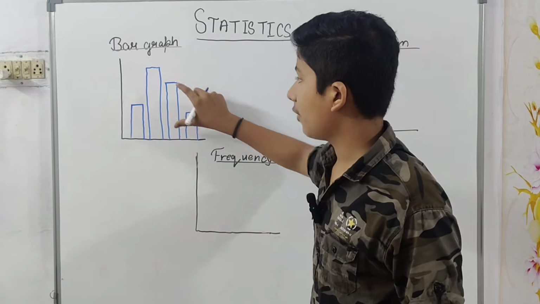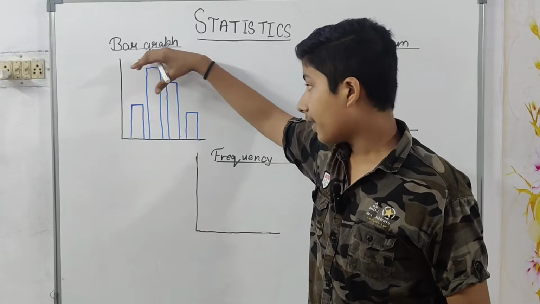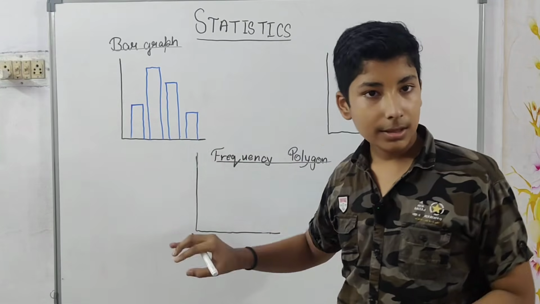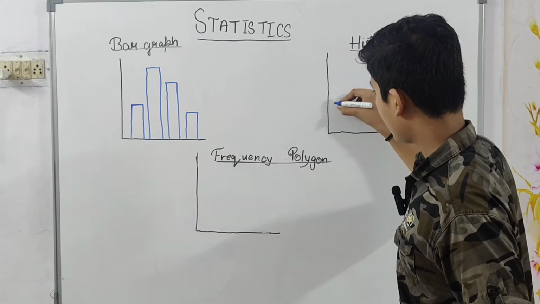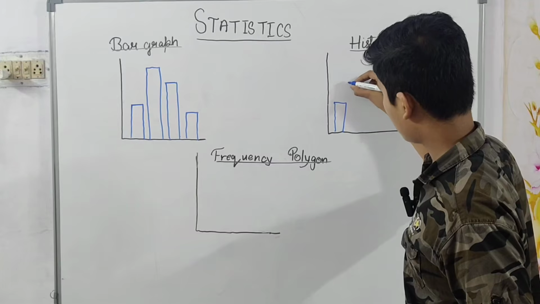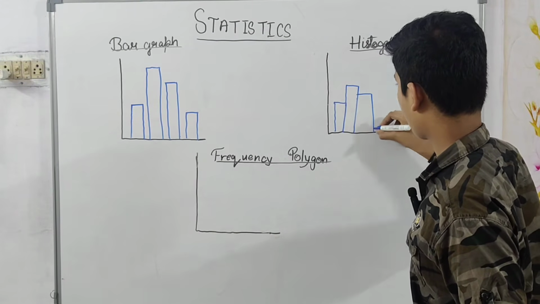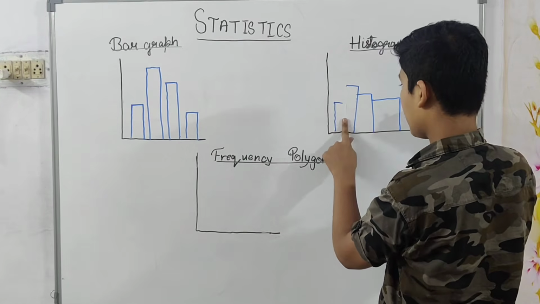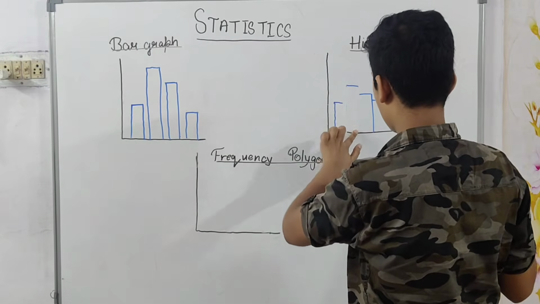The higher it is, the more value it has, and the smaller it is, the less value it has. Now this one starts like this and increases, then this, and it is not important that they all have the same width.